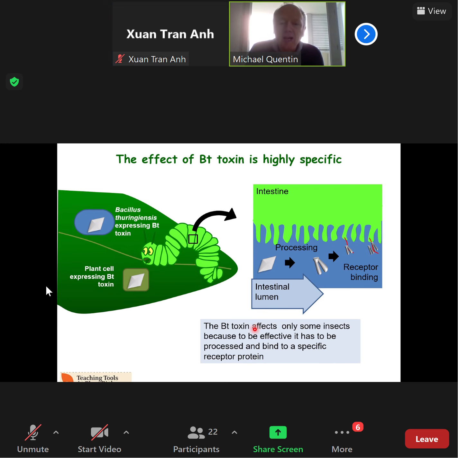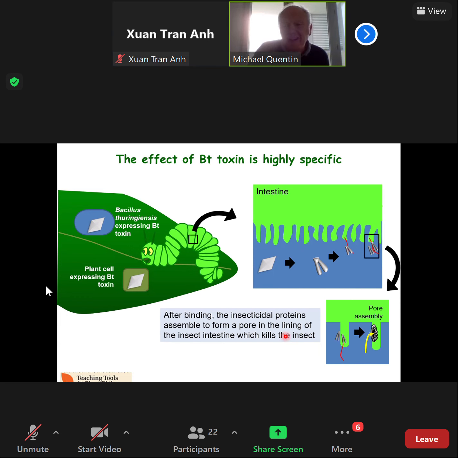And this will create holes, pores in the intestine surface of the insect, and it will kill it. It will really affect the intestine of the insect and kill it.